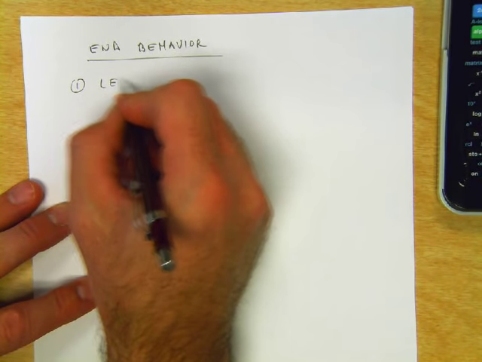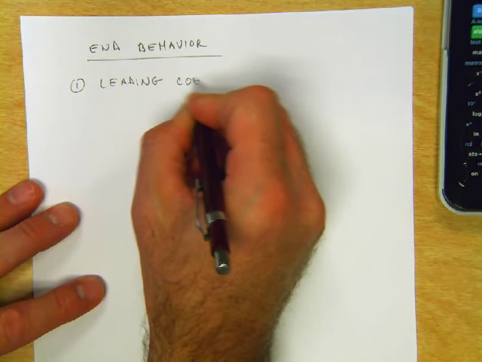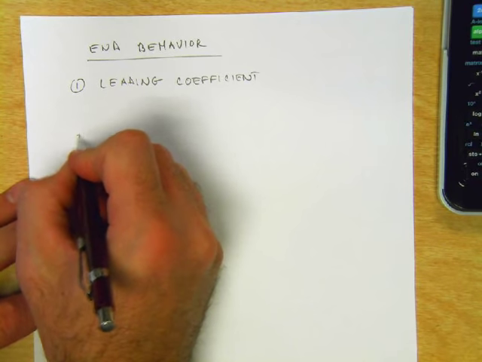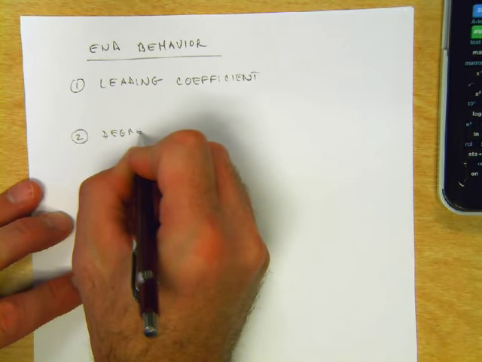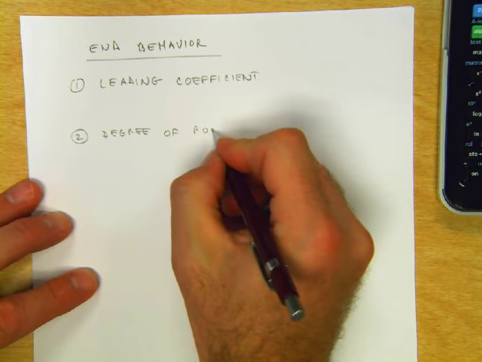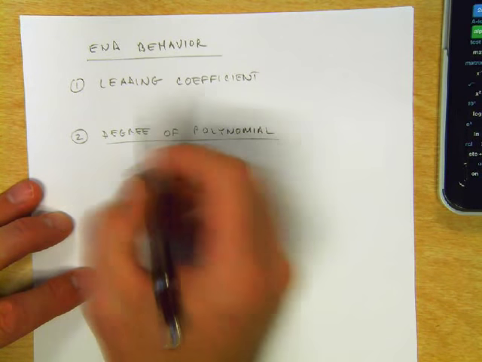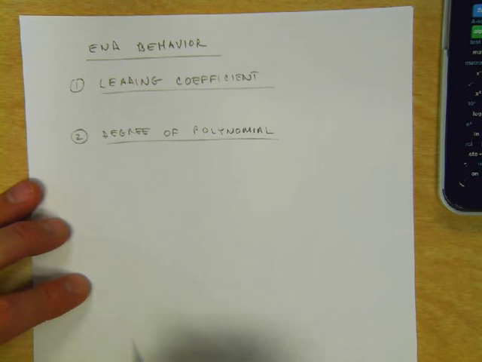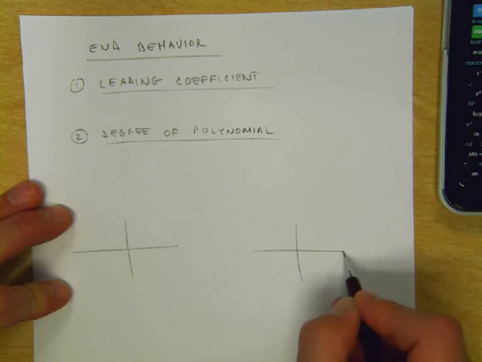Okay. So, end behavior. There's two things that we're going to look at. We are going to look at the leading coefficient, and we are going to look at the degree of the polynomial. These two things will tell us about the end behavior.